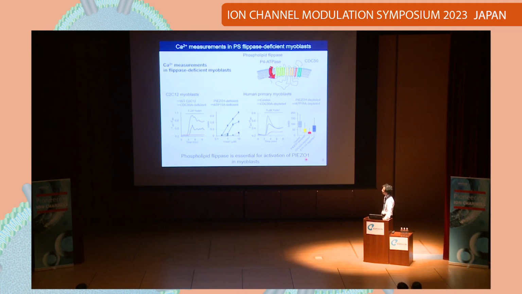To examine the hypothesis, we performed calcium measurements in phospholipid flippase-deficient myoblasts. Phospholipid flippase is composed of the main unit P4-ATPases such as ATP11A and so on, and the subunit CDC50.